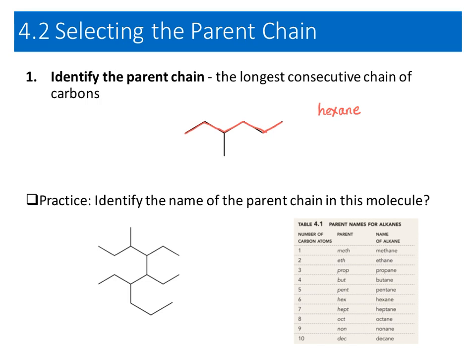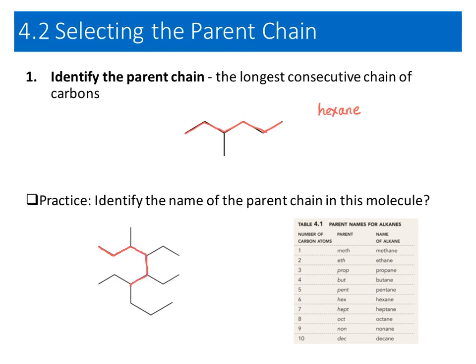Now look at this molecule here and identify the name of the parent chain. Take a look at this. There are multiple ways that you can number the carbons here. It can be this root, it can be this one, or this one. Now if you examine all of them, the longest root would be this root.